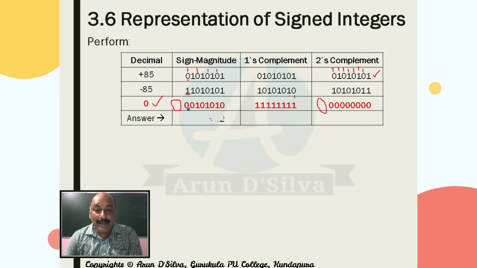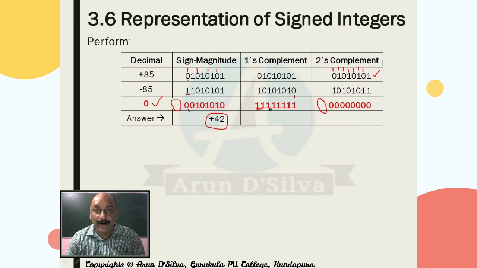Now this means 0 0 0 0 0 0 0 0, and the starting bit is 0, so the number is positive, and the answer is 0. Now if you see here also, the number is negative. This is the 1's complement.